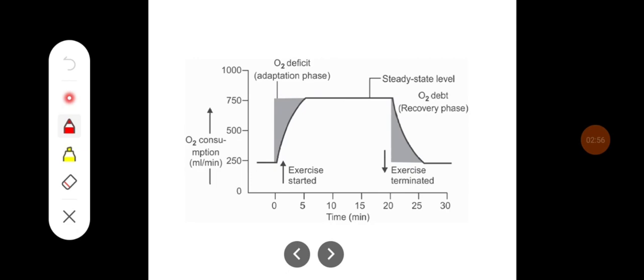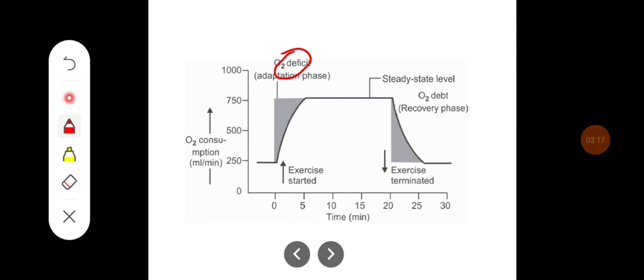In this diagram, you can see when you are exercising, a deficit of oxygen is created because an improper circulatory adjustment occurs, and then the steady supply of oxygen occurs during exercise.